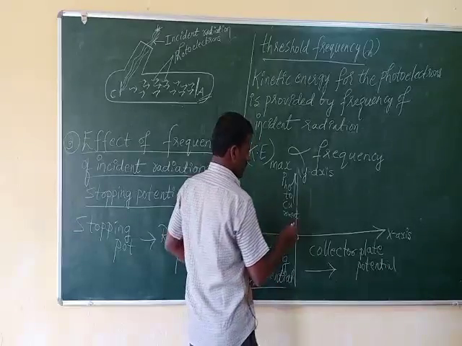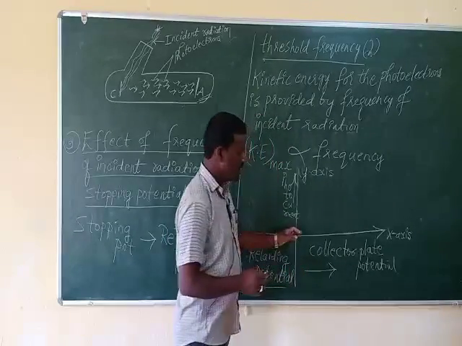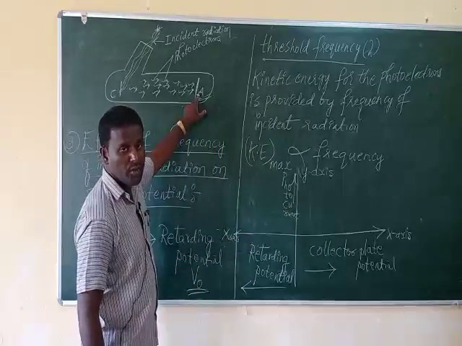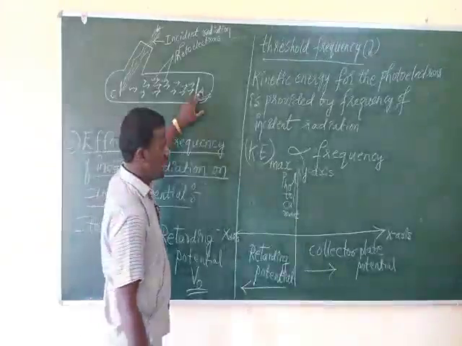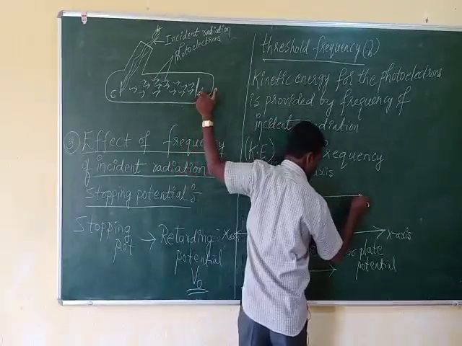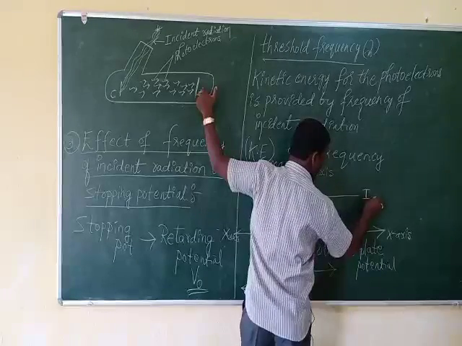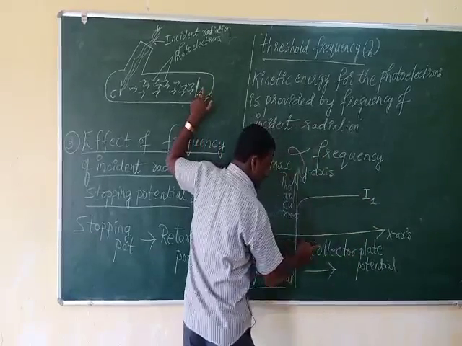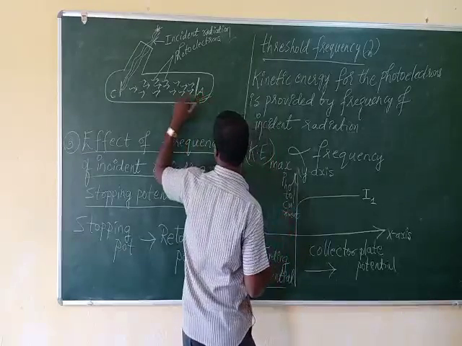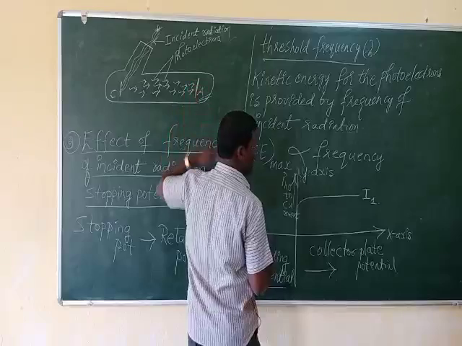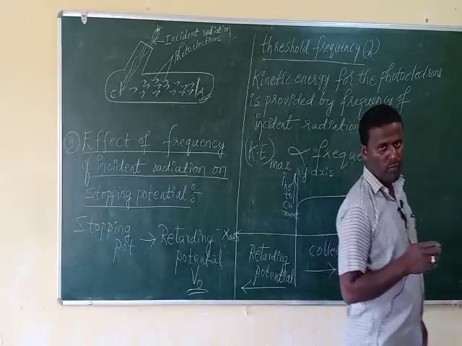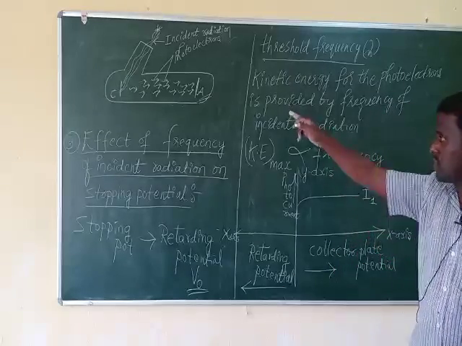Now you know that if the plate A is having positive potential, then photocurrent increases, right? Imagine this is the light of intensity I1. As we increase the collector plate positive potential, more photoelectrons reach plate A. They are collected by plate A, and a larger photocurrent flows in the tube.